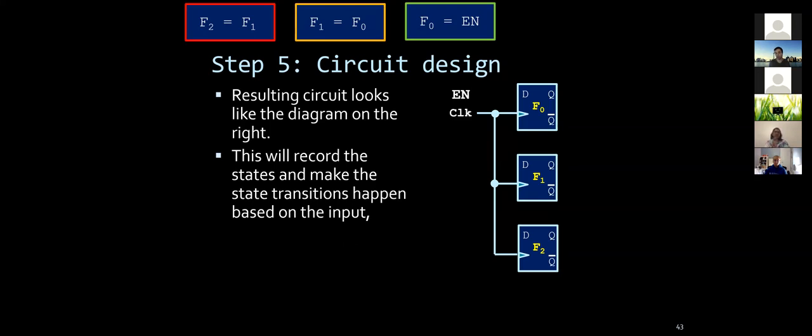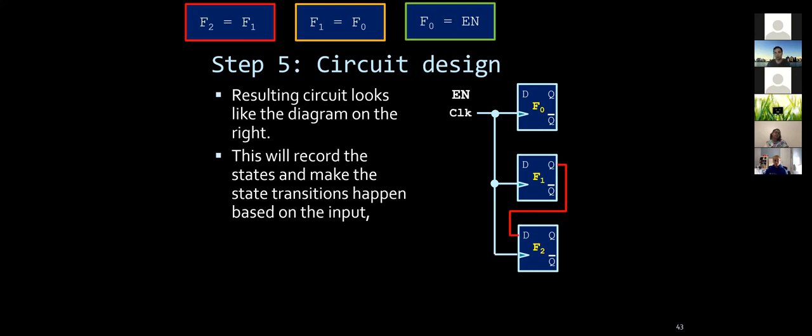Combinatorial meaning I'm going to take and do AND or some other manipulation with these outputs, based on the logic I need. The flip-flops record the state of each individual bit, right? At the end, I don't need just to record. I want to figure out when all three are equal.